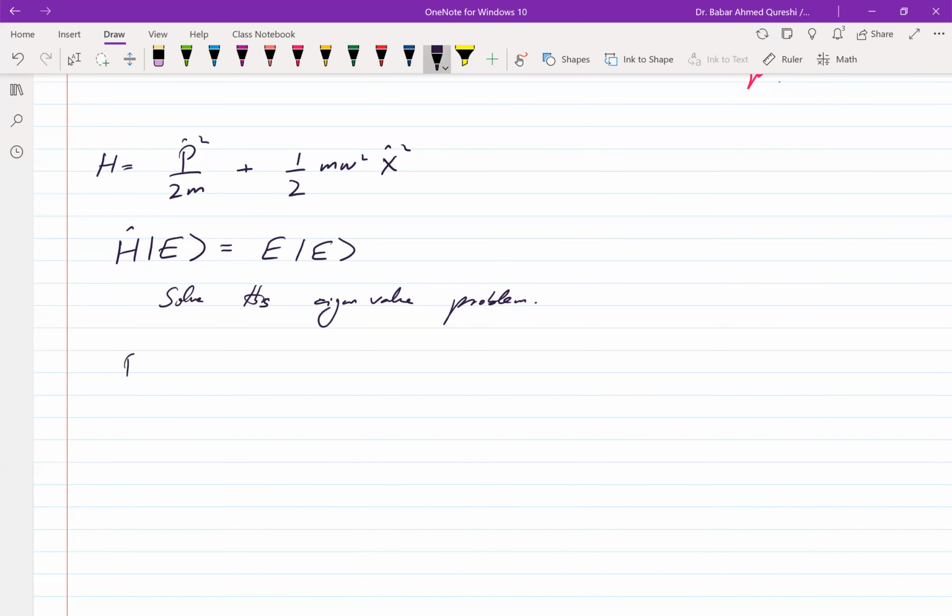So the strategy which I'm going to use: I have something like this, p square plus x square, or let's write it this way: x square plus p square. There are some constants involved. I'm just making an argument. I can absorb the constants in some redefinition. If I can write this thing like this.